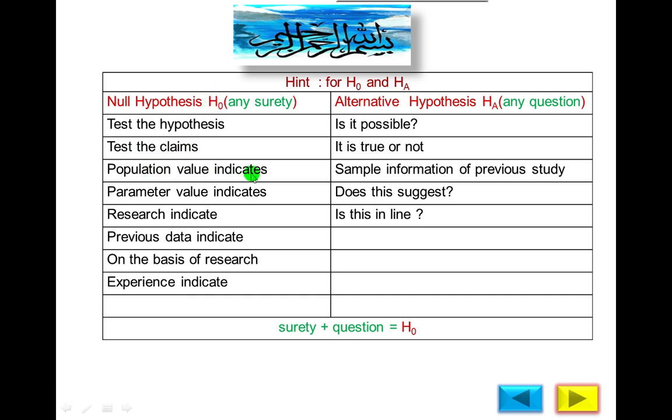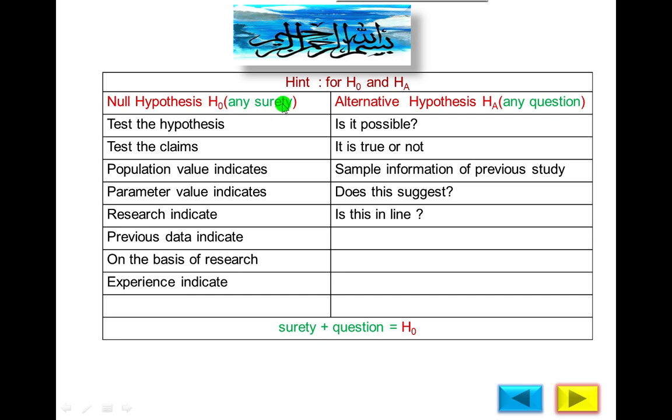Population value indicates, parameter value indicates, research indicates, previous data indicate, on the basis of research, on the basis of experience indicate. These words indicate surety, 100% surety.